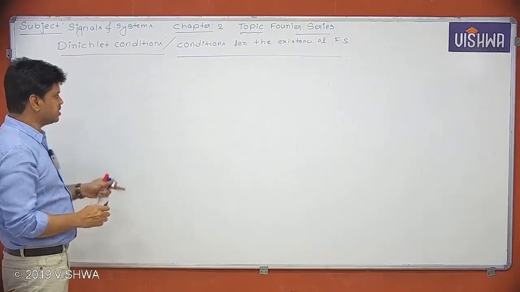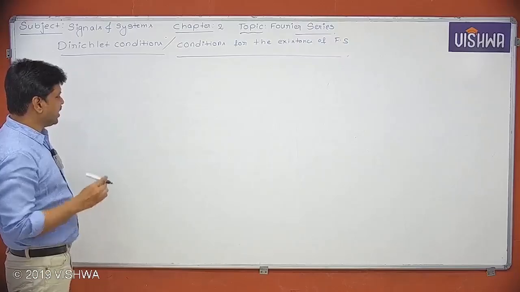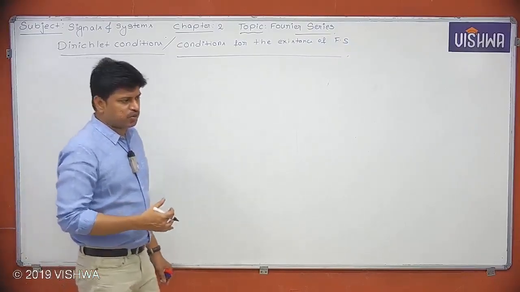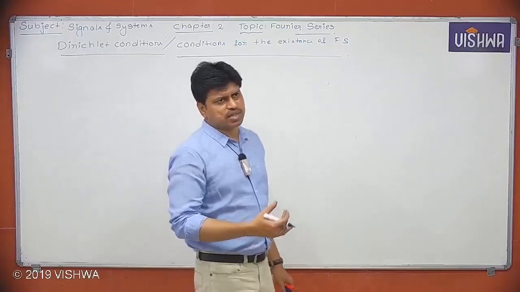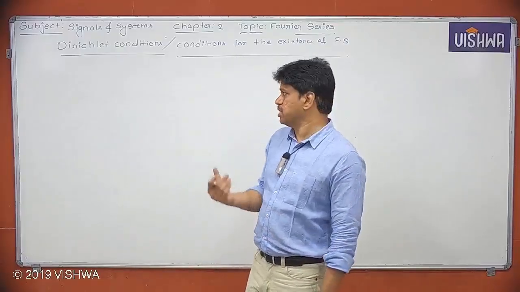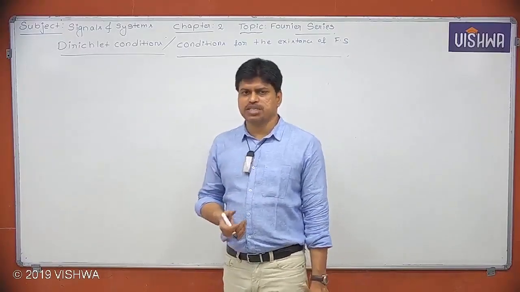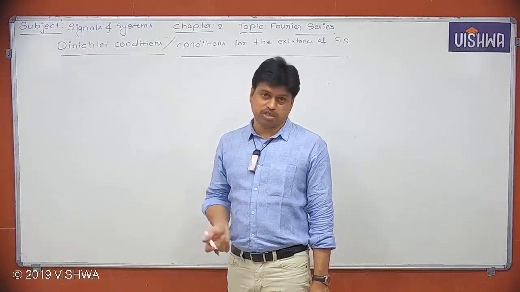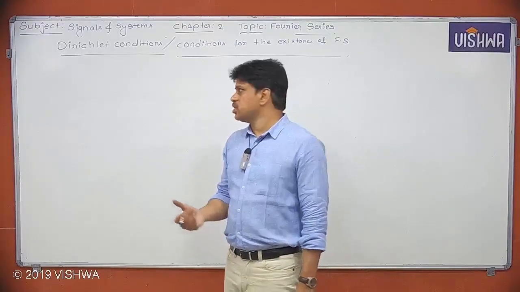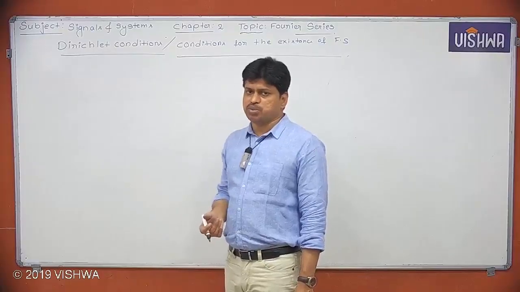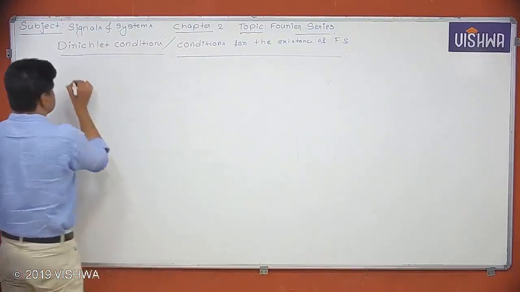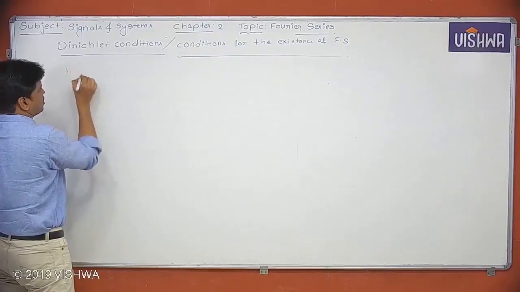In GATE examination, they won't ask this Dirichlet condition, but if you write any PSU examination, they might ask some questions based on the Dirichlet conditions. That means they will give you some waveform and ask whether the Fourier series is possible or not. Then you have to observe the Dirichlet conditions.